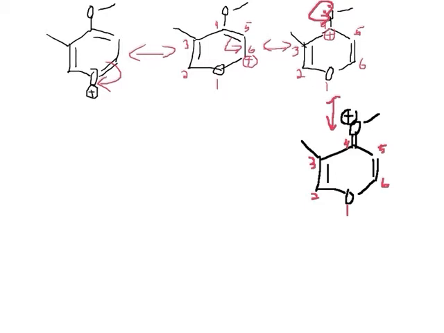And then again, if we wanted to move the pi bond between 2 and 3, if that moved here, they could allow these electrons to go back to the oxygen. And now where would the plus charge be? On carbon 2.